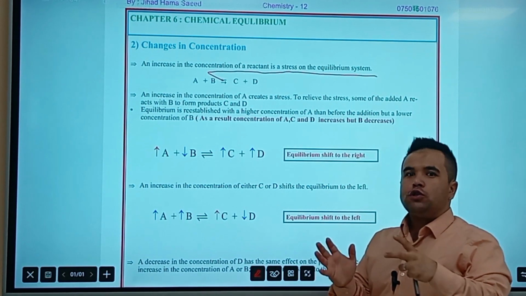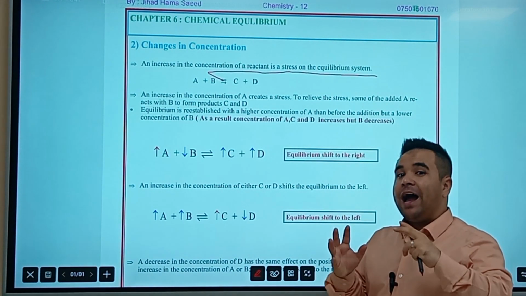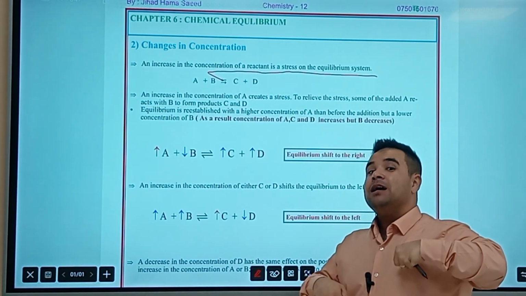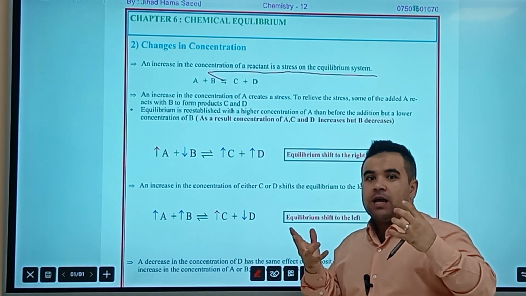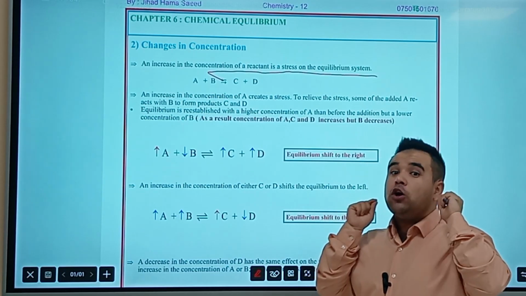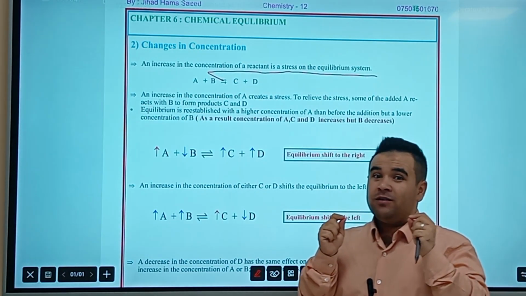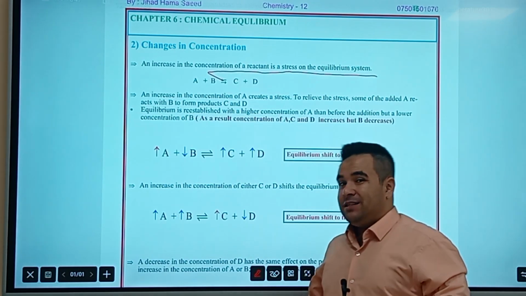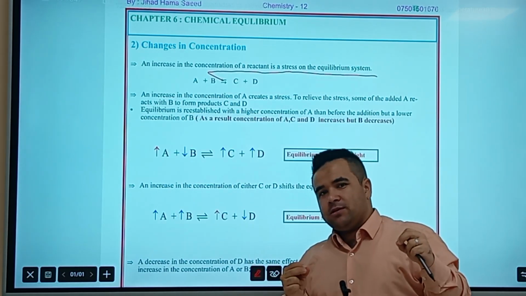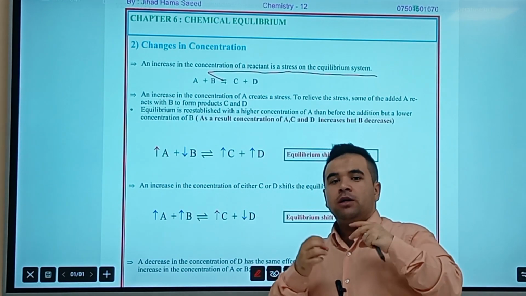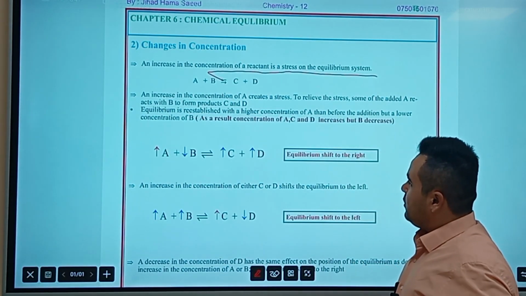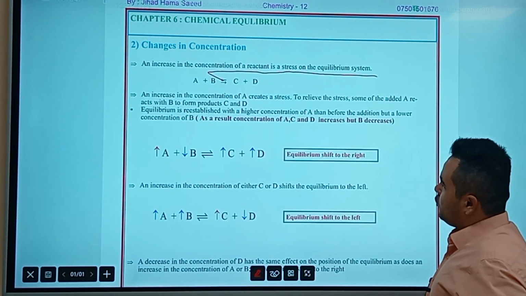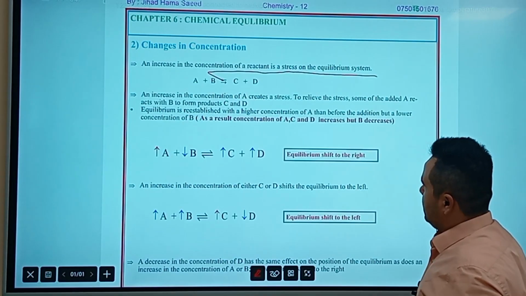So changing the concentration of gaseous substances and aqueous substances changes or shifts the equilibrium. But for those substances which are solid and liquid, changing their concentration does not affect the equilibrium. We'll be talking in detail.